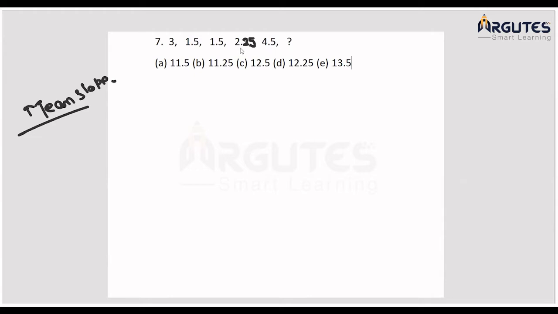Now 2.25 and 4.5, so it's 2 times. Now 1.5 and 2.25, so here we don't know how to write it, but 1.5 and 1.5 is 1 times, so definitely it will be 1.5 times, so it will be 0.5 times. 3 into 0.5, 1.5, 1.5 into 1 is 1.5, 1.5 into 1.5.